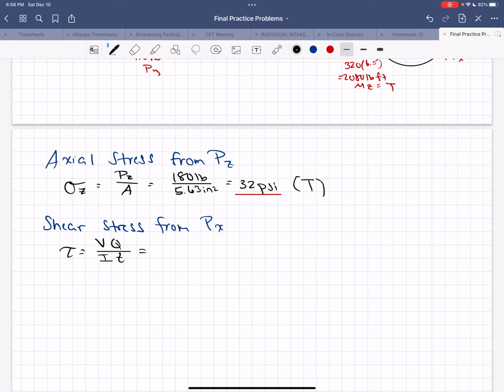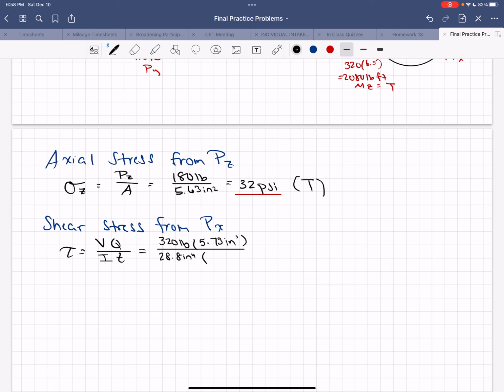So that equals PX is 320 pounds, Q is 5.73 inches cubed, all over I is 28.8 inches to the fourth.